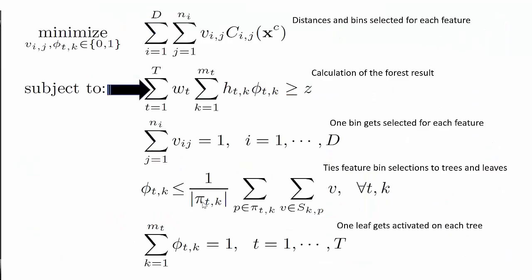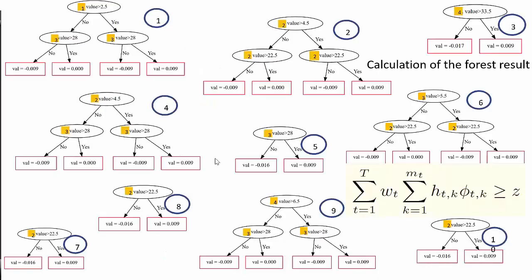Let's now look at constraint number 1, which is the second equation. Essentially, it is the calculation of the forest result. It takes HTK, the value of each leaf that is being outputted by the tree, and sums over all the trees and all the leaves. It multiplies by phi tk, the leaves that are being selected.